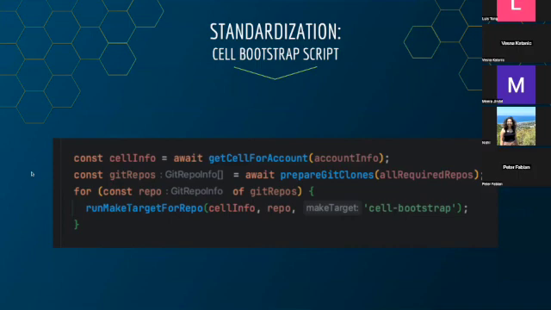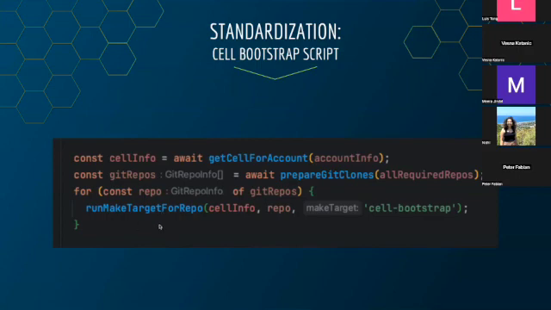Here my code is reaching out to that cell registry to get information about the current cell that we're going to do something to. And then you just have this line of code here that clones all of those Git repos or checks out the mono repo and makes sure that everything's set up for each of those projects that we need to have involved in the deployment of our application.